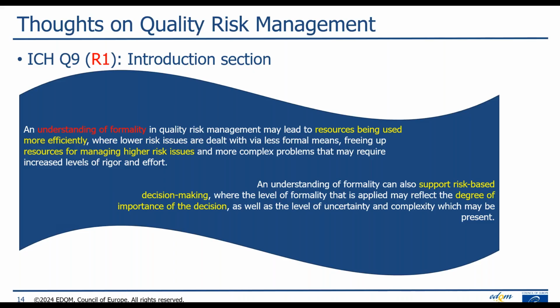I can only invite industry to go to the ICH website. There is a great deal of training material available, which was elaborated and published by the same drafting group that was in charge of the ICH Q9 R1 revision.